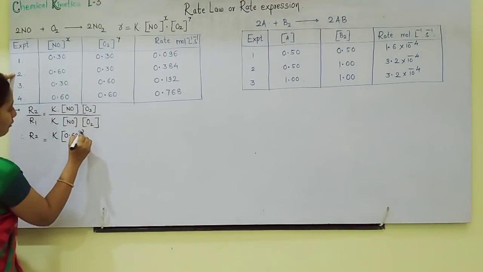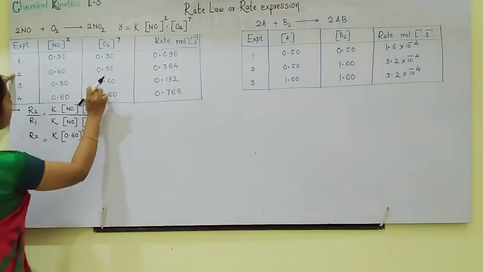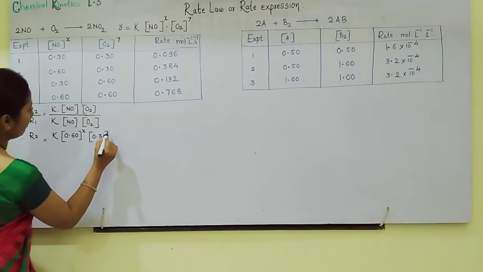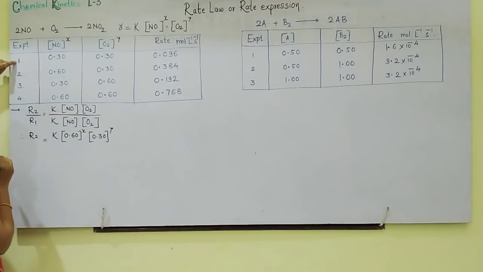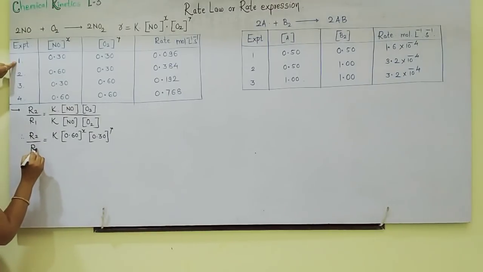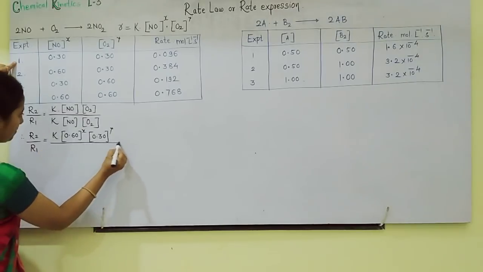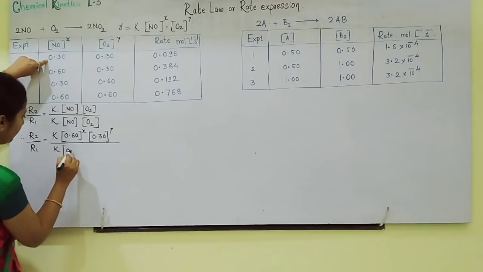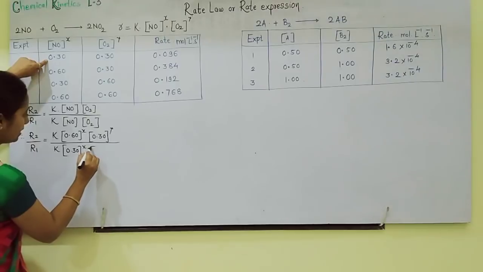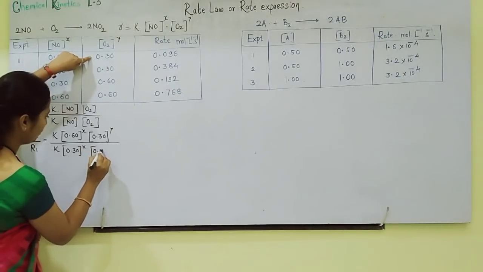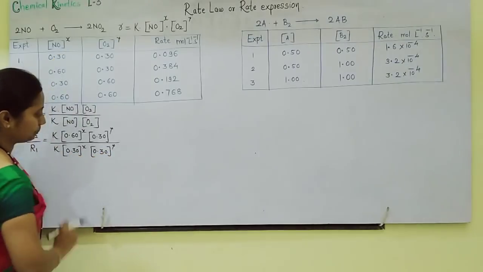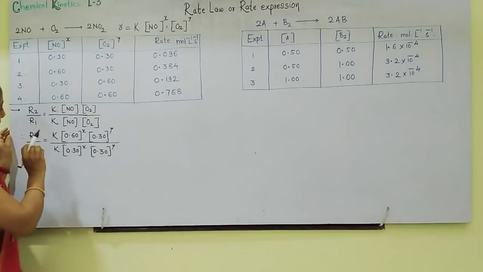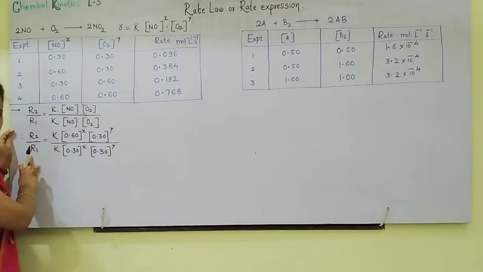We don't know what NO is raised to, we are considering it as X. What is oxygen's concentration? 0.30, we'll call the exponent Y. R1: concentration of NO 0.30 raised to X, oxygen 0.30 raised to Y. Understood? I have taken R2 by R1, the rate of the second experiment divided by the rate of the first experiment.